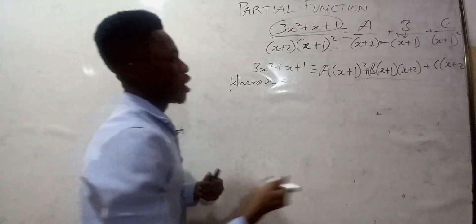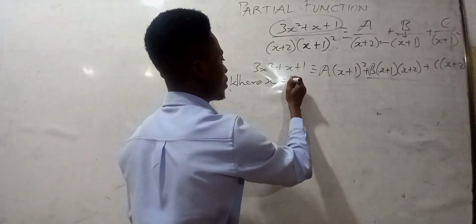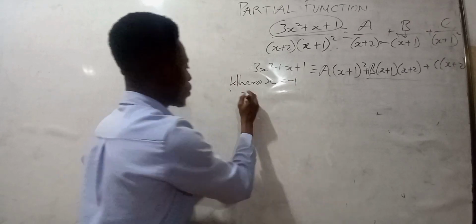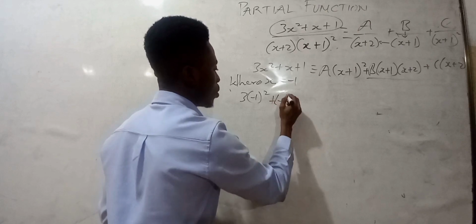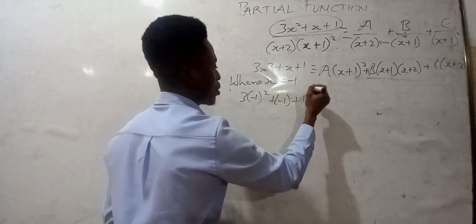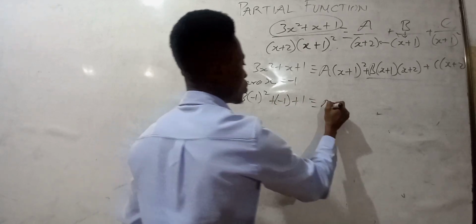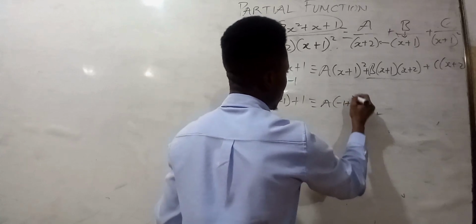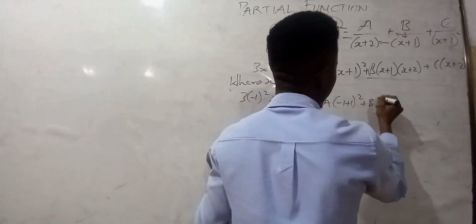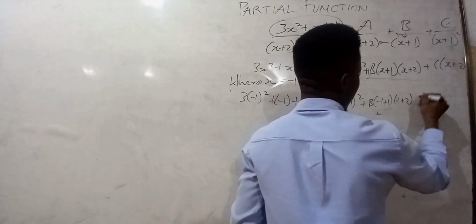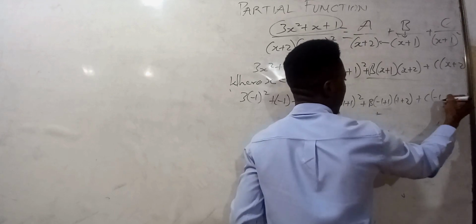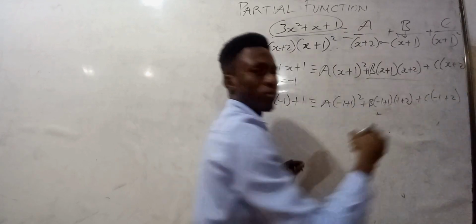So when x is negative, let's say -1, we are going to get -1 squared plus -1 plus 1, being equivalent to A into bracket -1 plus 1 all squared plus B bracket -1 plus 2 plus C into bracket -1 plus 2.